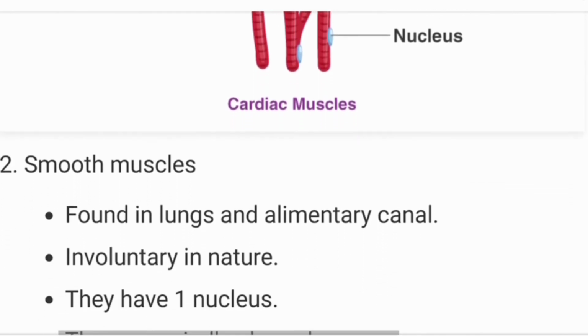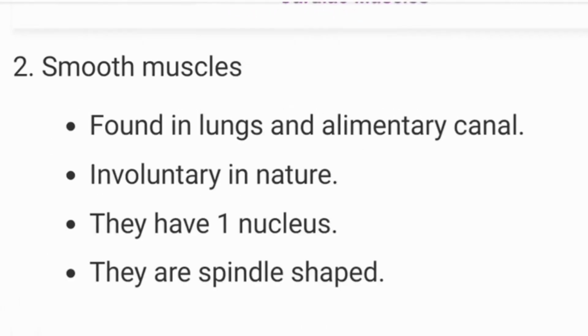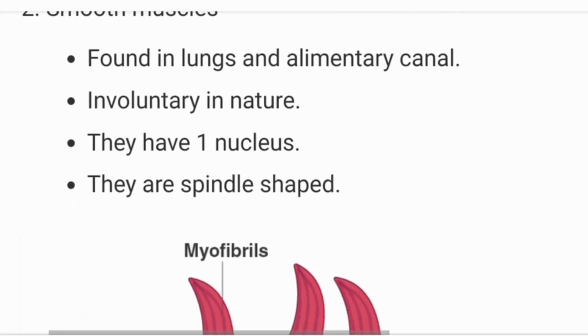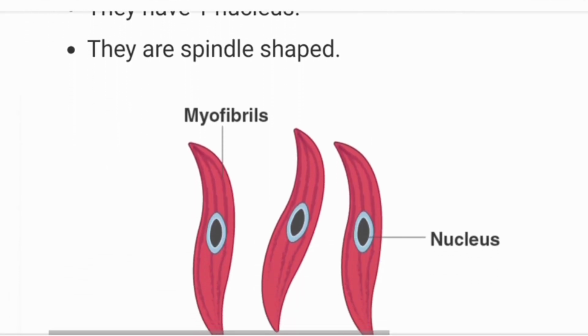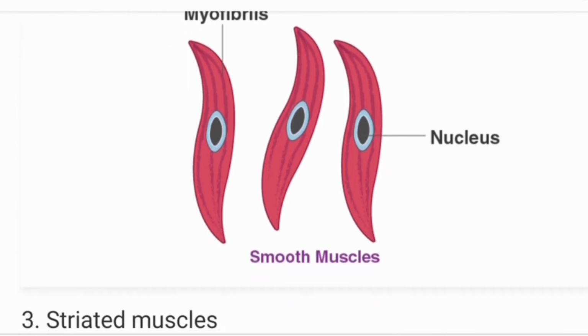Next are smooth muscles, found in lungs and alimentary canal, involuntary in nature, not in our control. They have one nucleus and are spindle shaped. Spindle shaped means they overlap one another. These smooth muscles are present in our lungs and alimentary canal. These are also present in our eye.